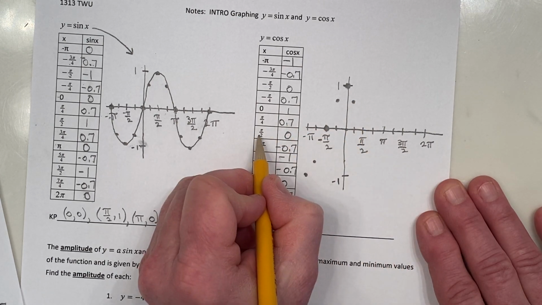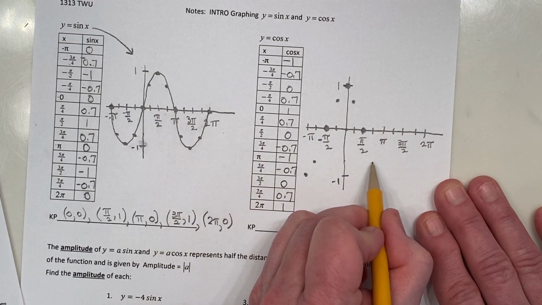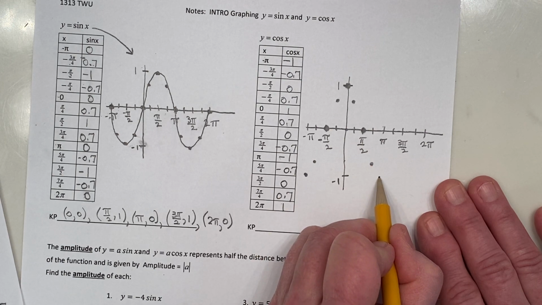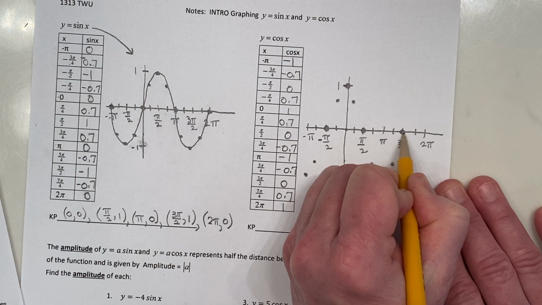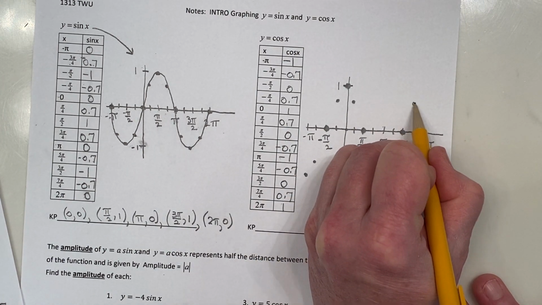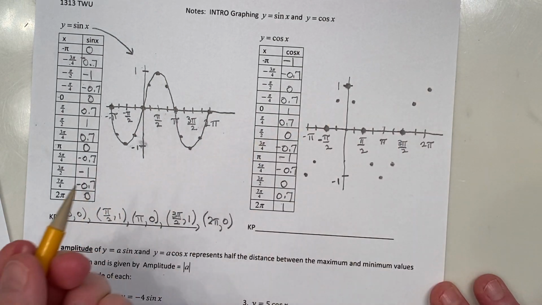Graph's starting to come back down. At pi over 2, we have an x-intercept. 3 pi over 4, pi at -1, etc. At 2 pi, we return to a height of 1.